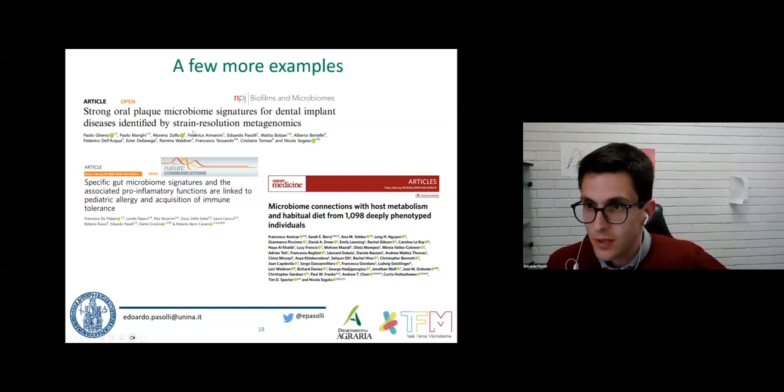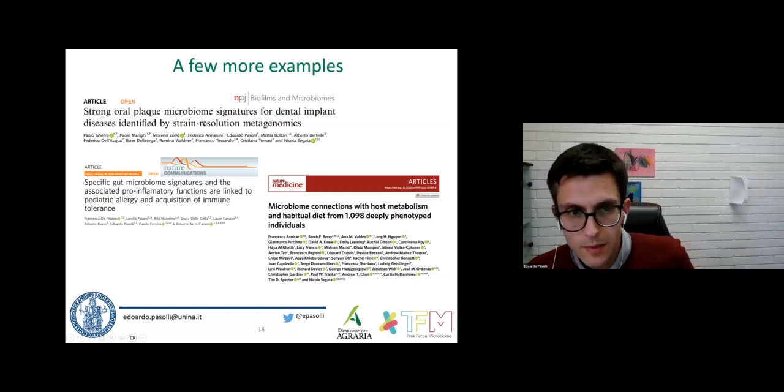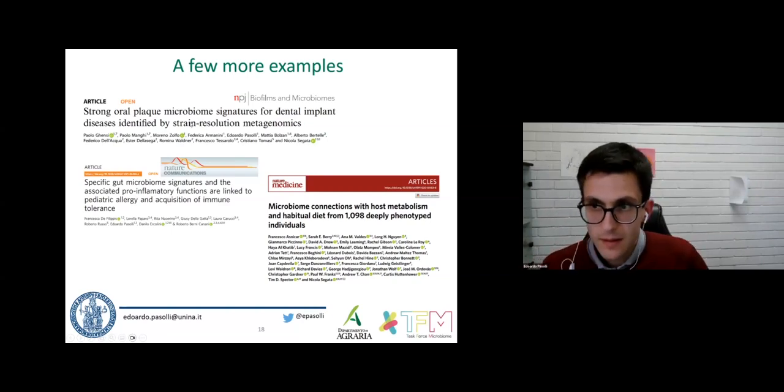This approach was also used in other papers. I'm just presenting a few examples. This was a work not on the gut microbiome, but instead on the oral microbiome, in particular the study of the microbiome in periodontitis.